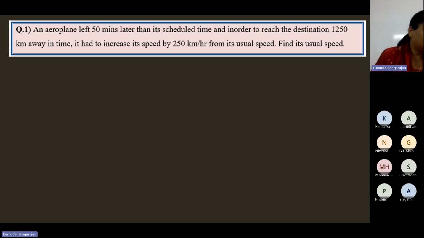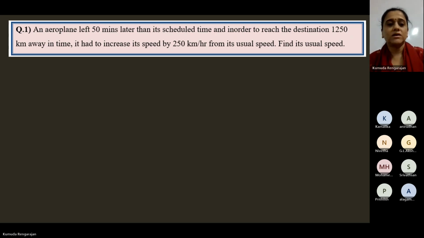So today we are taking up a new chapter, quadratic equations. To get started with the word problems on quadratic equations, we don't need any introduction to the chapter because you already know how to solve a quadratic equation by splitting the middle term and also by using the quadratic formula.